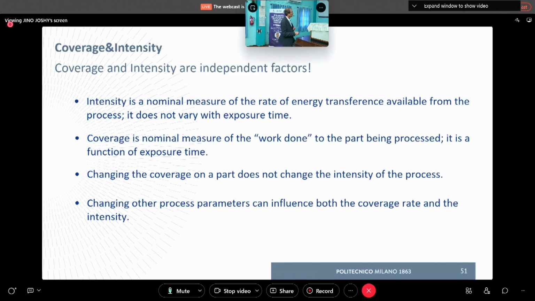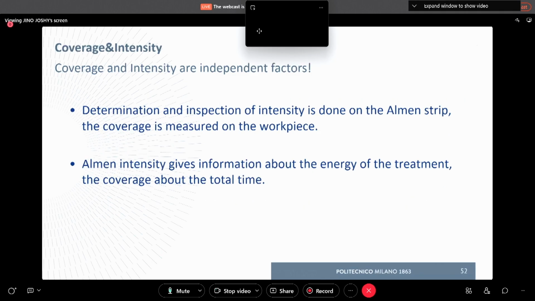Changing the process parameters, of course, can influence both the coverage rate and the intensity. If you are changing the technological process parameters, this could have an effect on both the coverage and the intensity. Some other comments to highlight the difference of these two concepts.